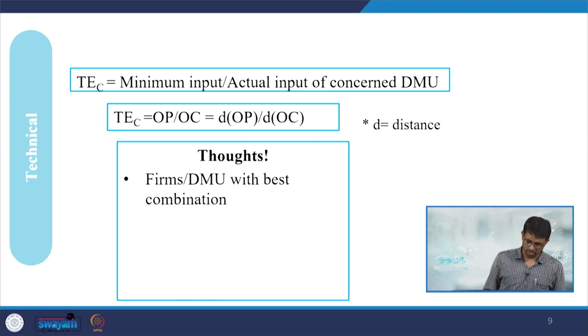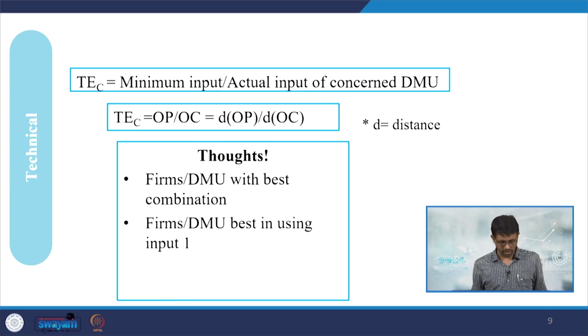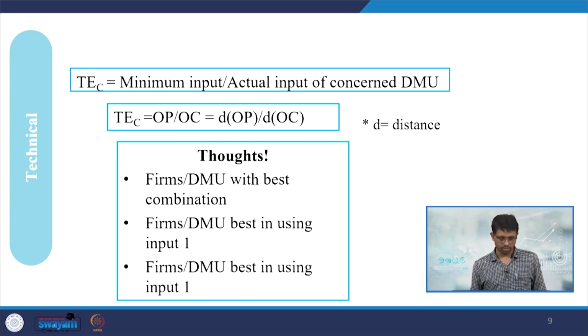Let us see the DMU with the best combination, and the DMU best in using input 1 can also be calculated, or the particular DMU which is using another input. So wherever we can calculate the respective DMU with respect to 1 and with respect to 2. So best in using input 1 and best in using input 2 can also be calculated.